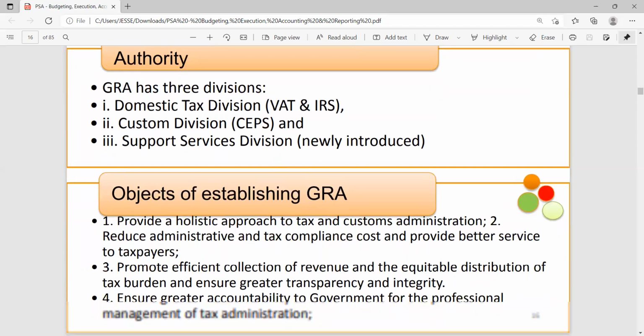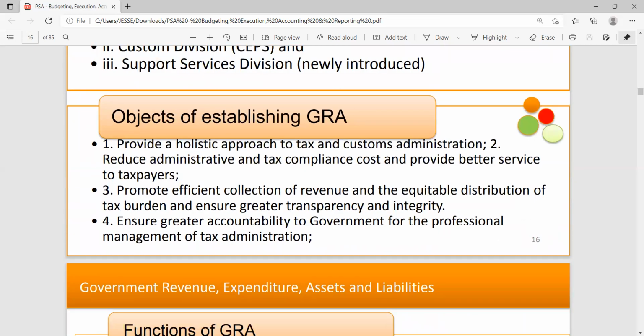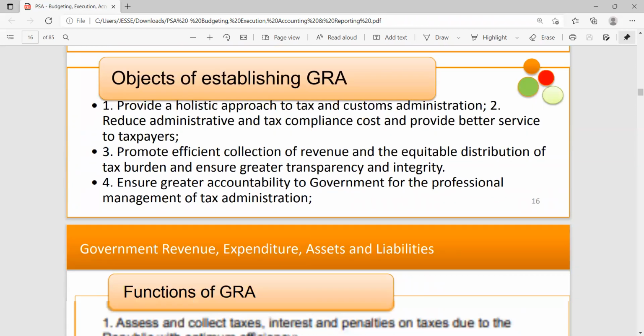What are the objects of establishing the GRA or the Ghana Revenue Authority? Number one is to provide a holistic approach to tax and customs administration, right? Because you would want one organization to be in charge of managing and collecting tax revenue.